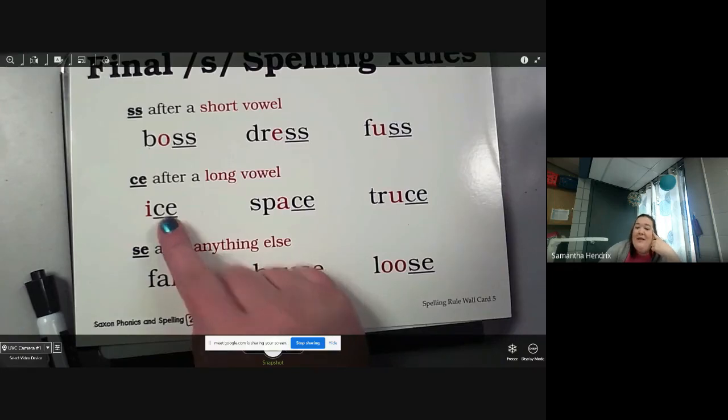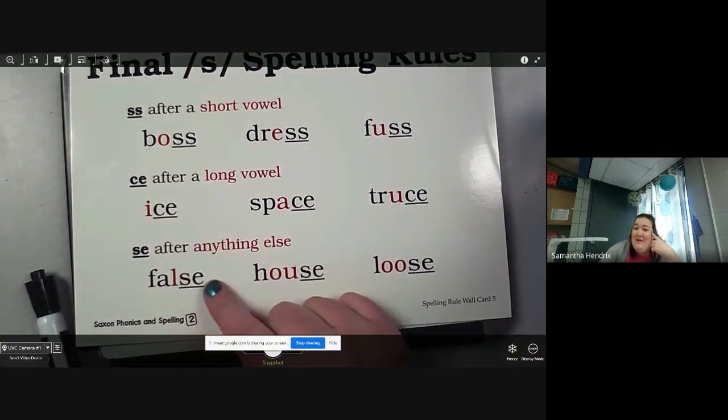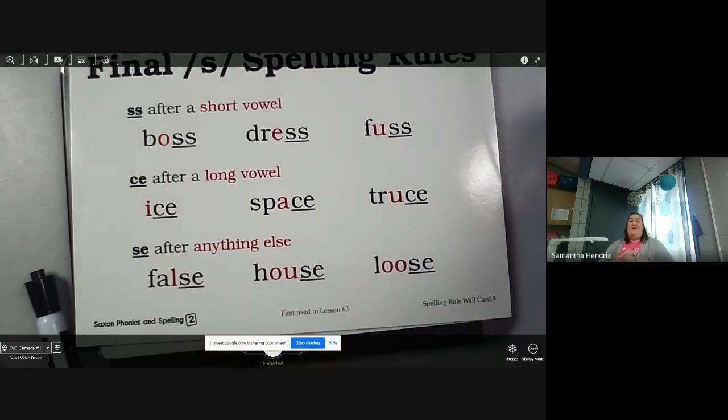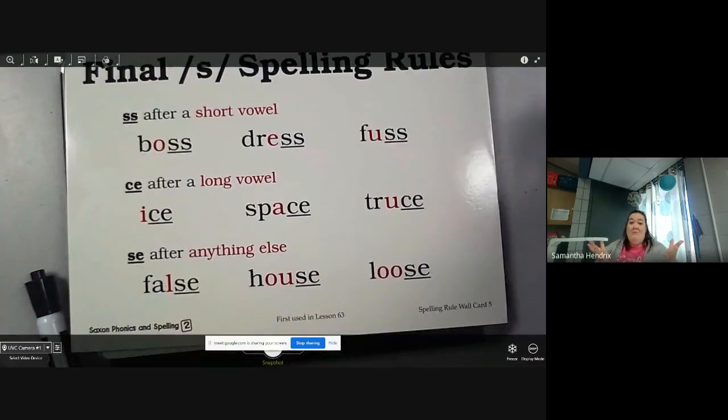Okay? If we hear S in the final position and it has a consonant or anything else, if it is not a long vowel sound that you hear right before the S, it's spelled SE. Okay? That's better than consonant and vowel digraph.